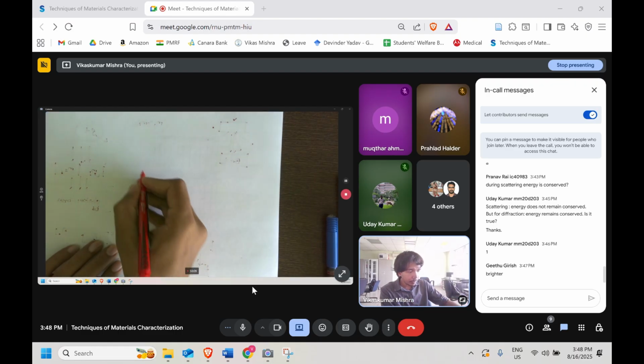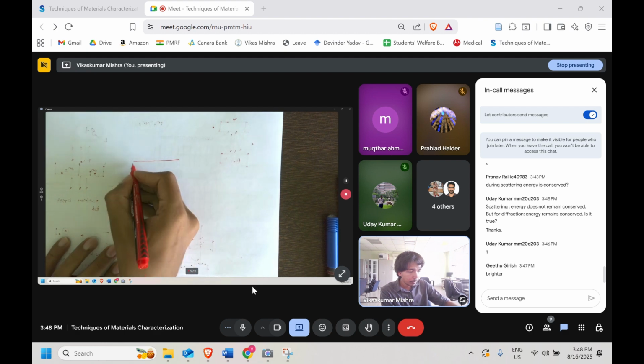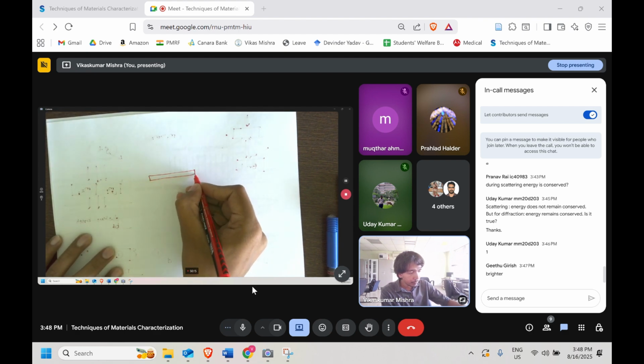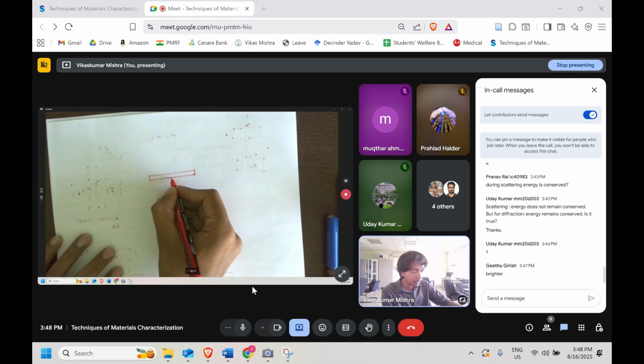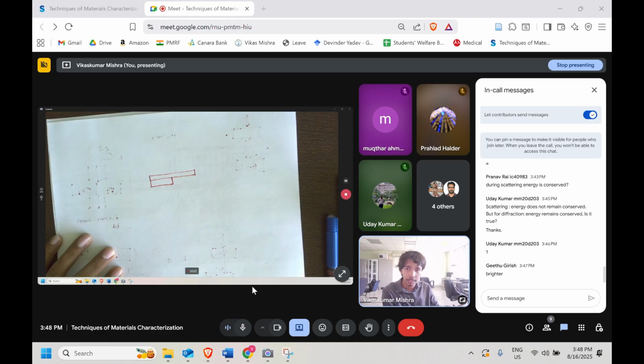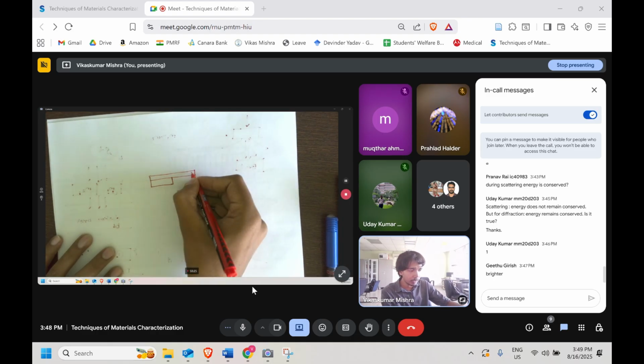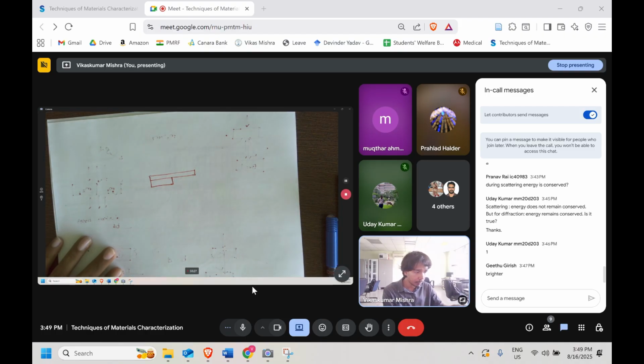Consider the specimen. Let's consider this part. One more thing we consider is that the geometry is something like this, so one part is again thicker and another part is thinner.